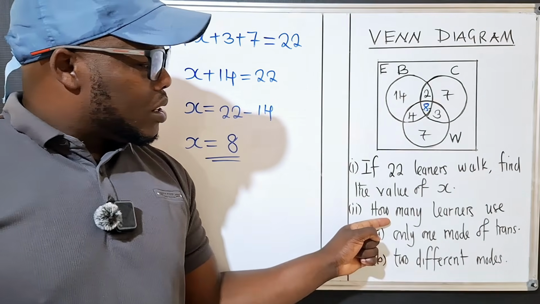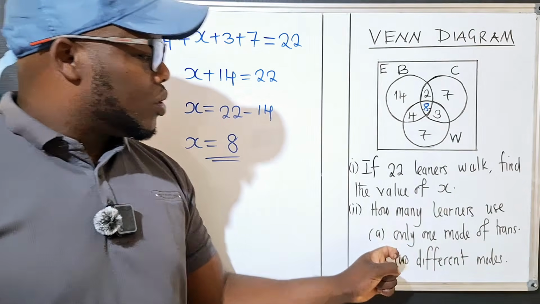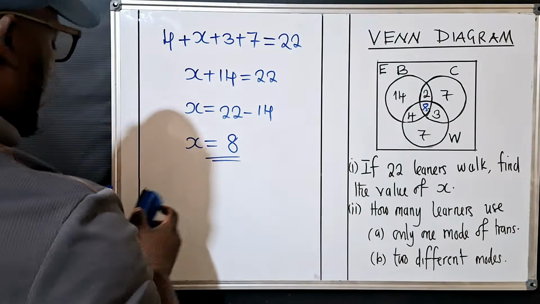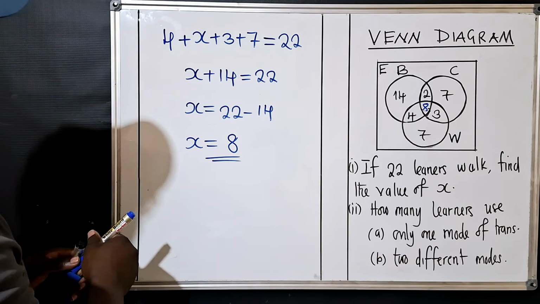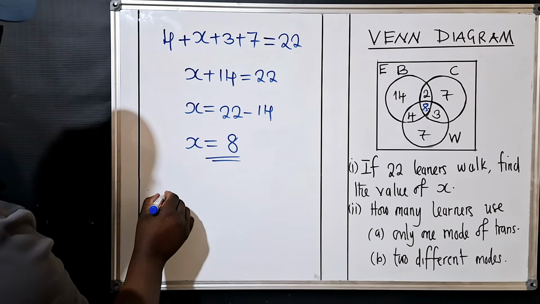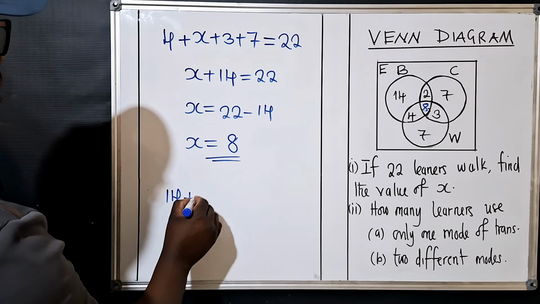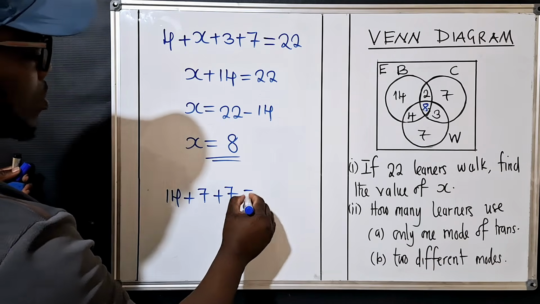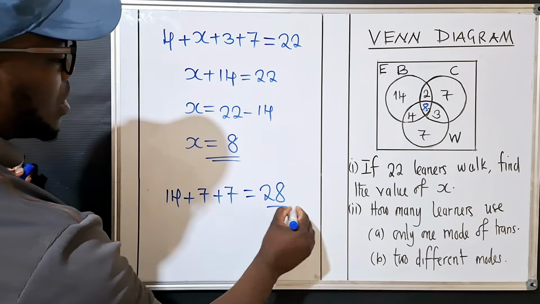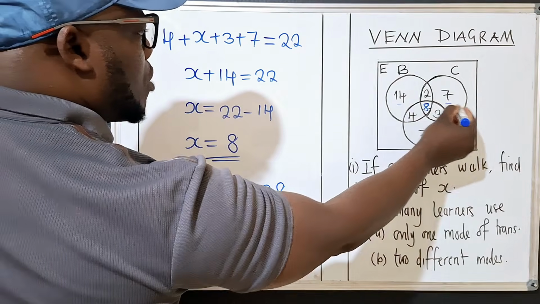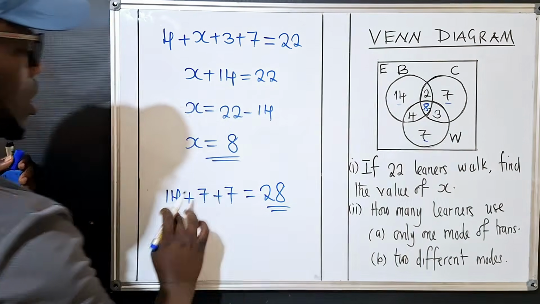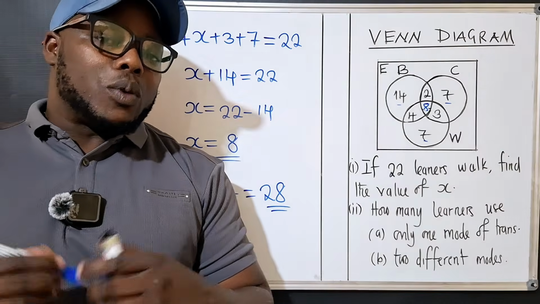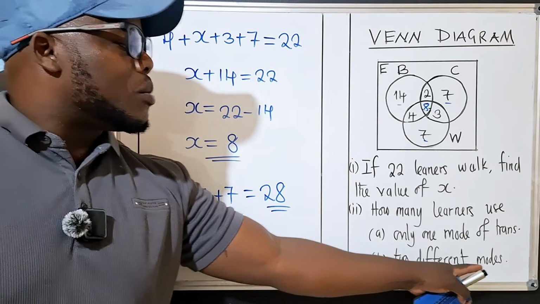Now the question is asking how many learners use only one mode of transport. For one mode of transport, we are going to just say 14 plus 7 plus 7, which gives us 28. So this is one mode, one mode, one mode. Just add them, and that's your answer for question A. For question B, they are saying 2 different modes.